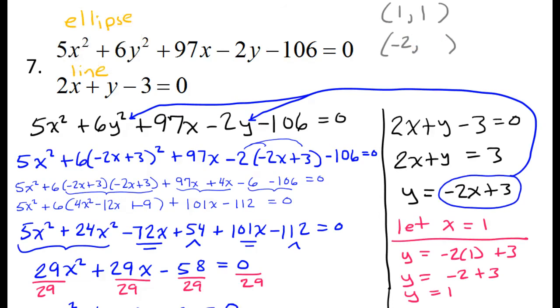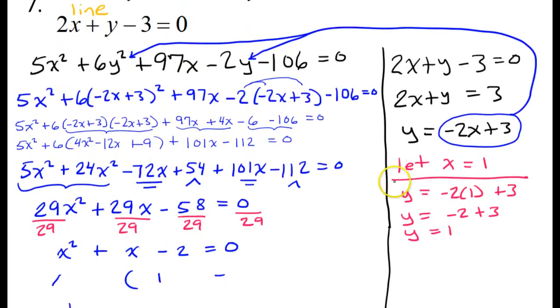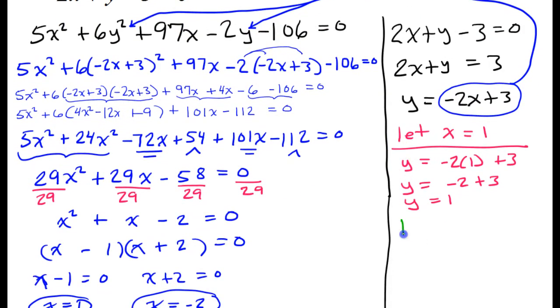Okay, now let's try the other x value, negative 2. So we will let x equal negative 2 next. Then this equation becomes y equals negative 2 times negative 2 plus 3.